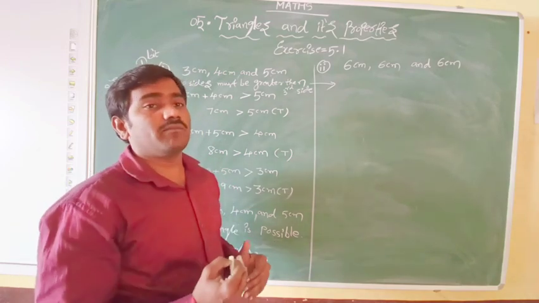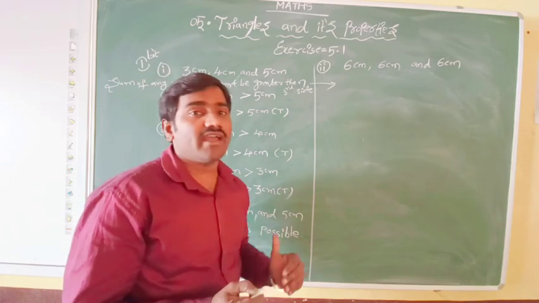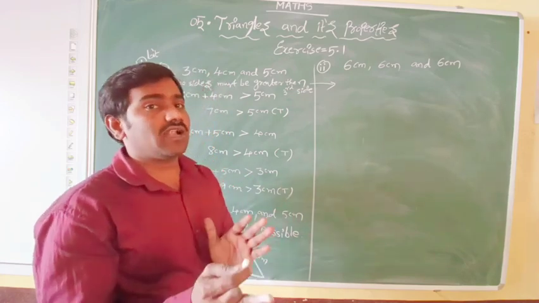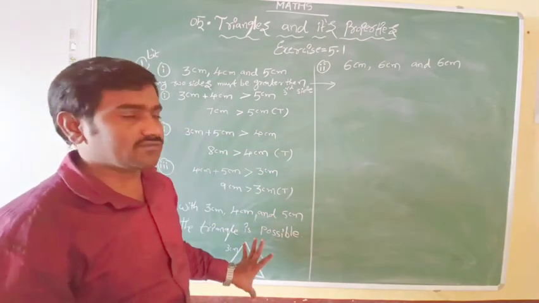This is our property, so you write the property here also. Here we are only taking the sum. You can also take the difference of any two sides, which should be less than the third side. We can check with the difference also, and it will be satisfied.